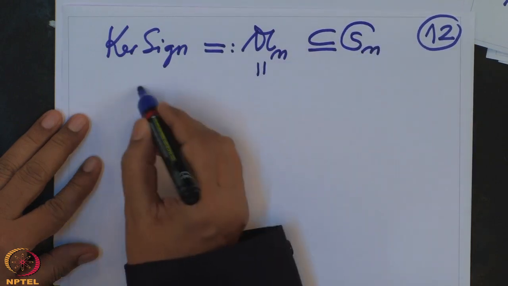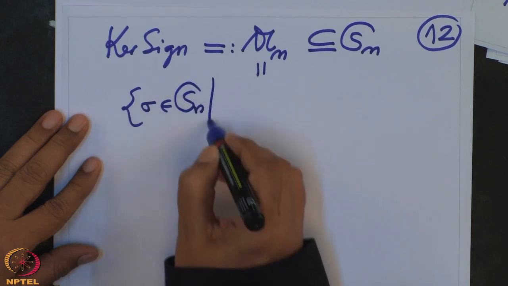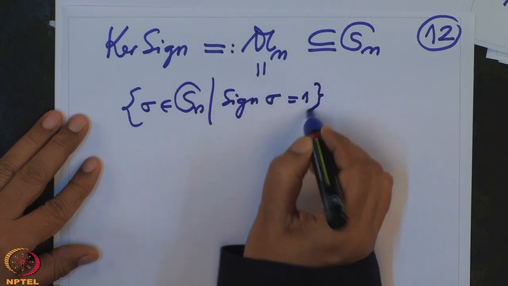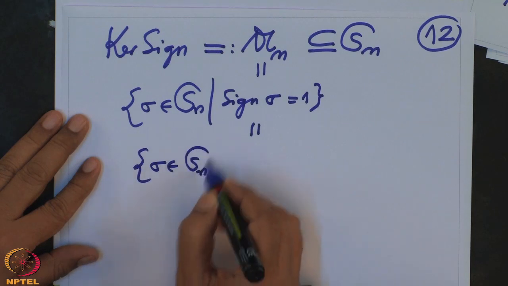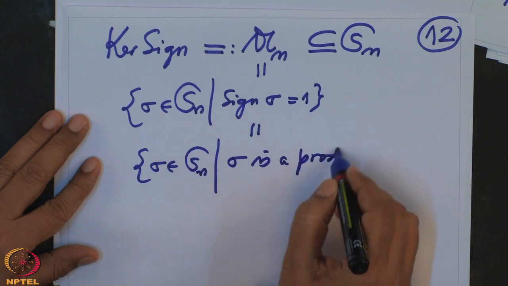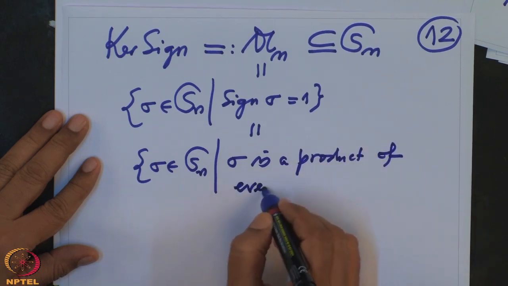This is precisely all those permutations sigma in Sn such that sign of sigma is 1, which is the same as all those permutations sigma in Sn such that sigma is a product of an even number of transpositions.